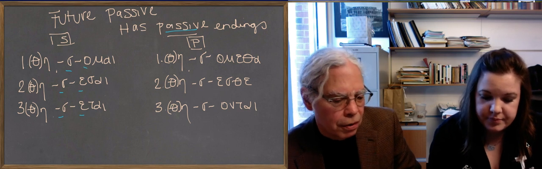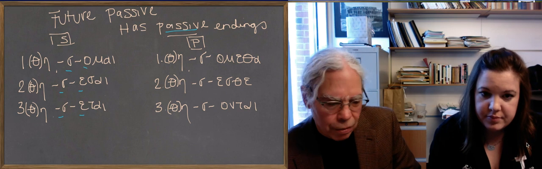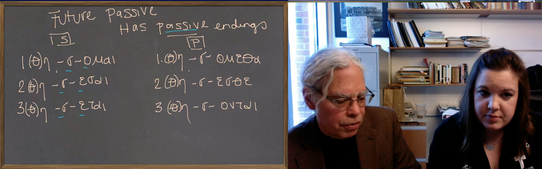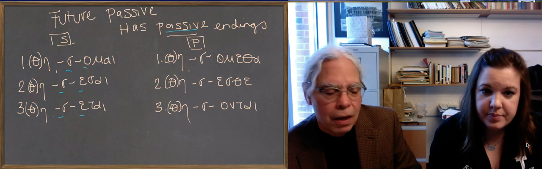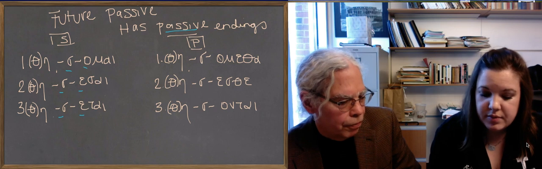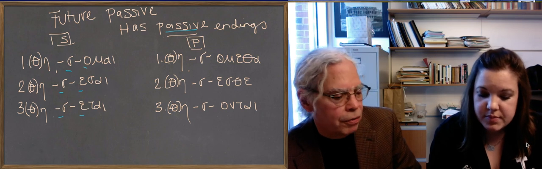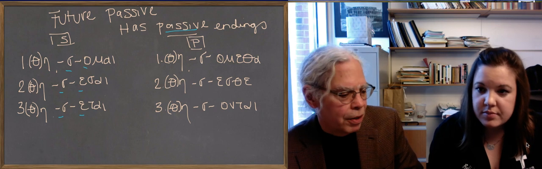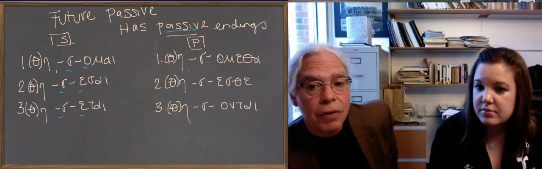O-E-E in the singular, O-E-O in the plural. So you've got the theta, eta, or just the plain eta, the S, that's the sign of futureness, and then the thematic vowel and the endings of the passive voice, the primary endings of the passive voice, those that are associated with the present. You wouldn't want future to be associated with past endings like the aorist does.